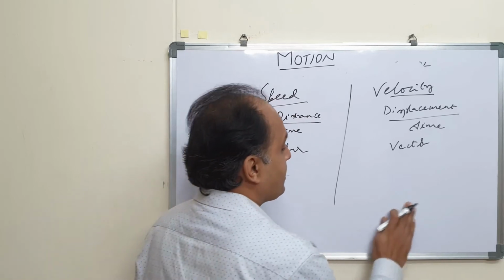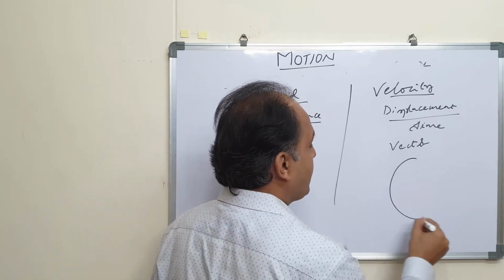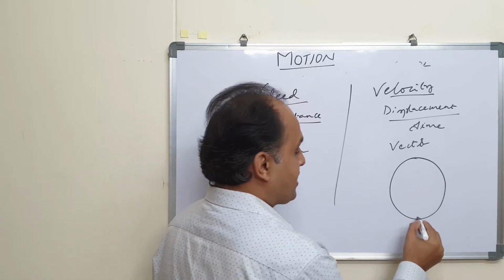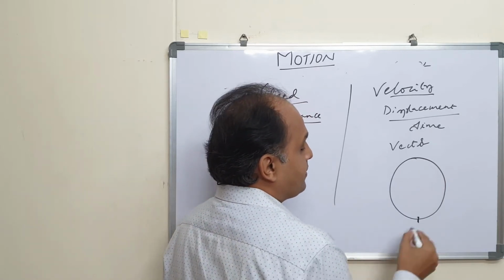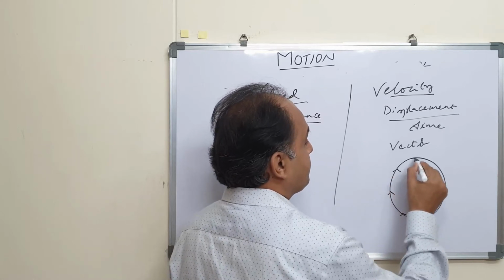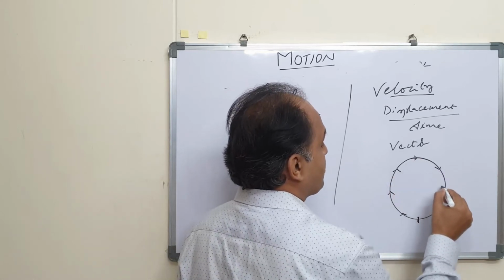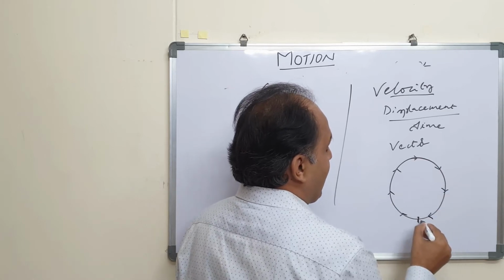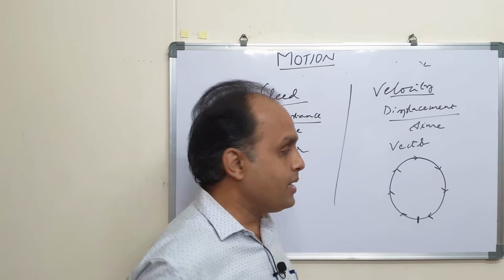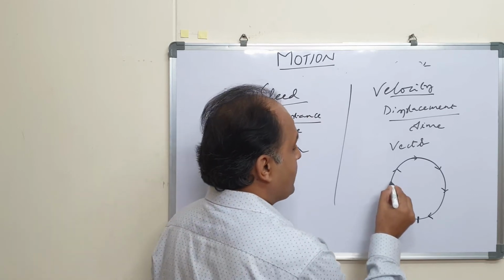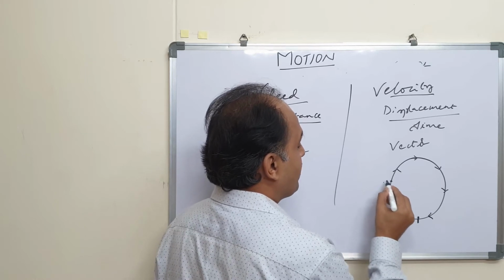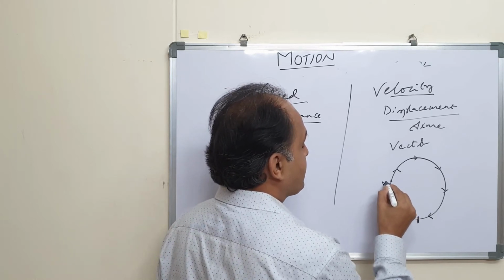Let us say that a body is moving in a circular path. Let us suppose that it has started over here and it has gone in this direction. This way it has gone and it has returned to the same point. Now let us suppose the body is at this point. It is moving with, say, some velocity v1.